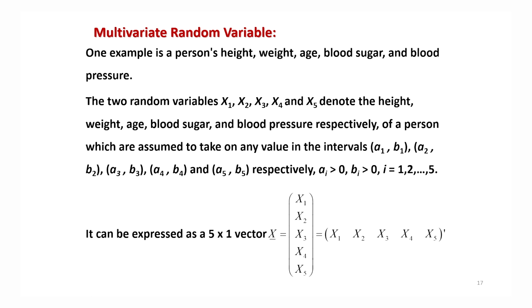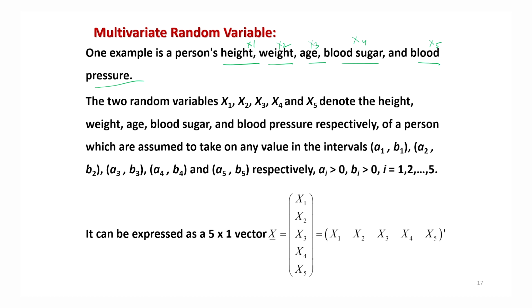One simple example, extending the height and weight example: suppose I want to measure different parameters of a human being, say a person's height, weight, age, blood sugar and blood pressure. Height can be measured by x1, weight by x2, age by x3, blood sugar by x4, and blood pressure by x5, right?